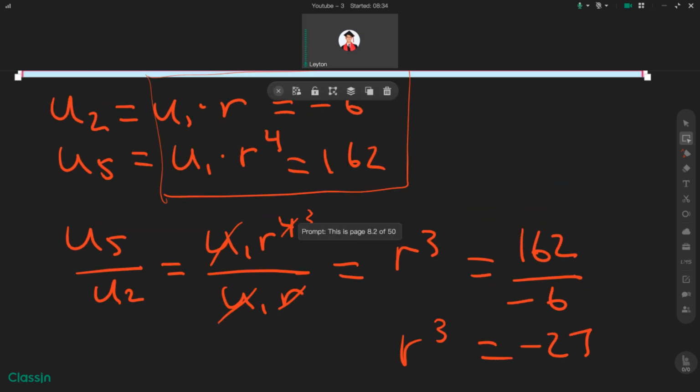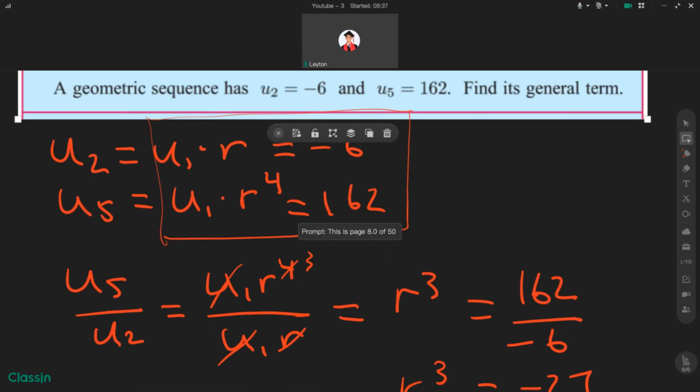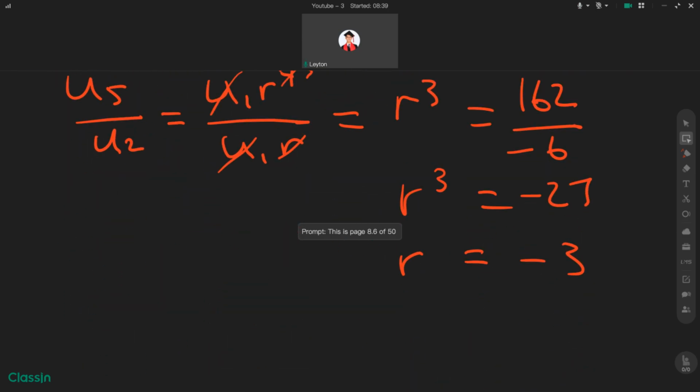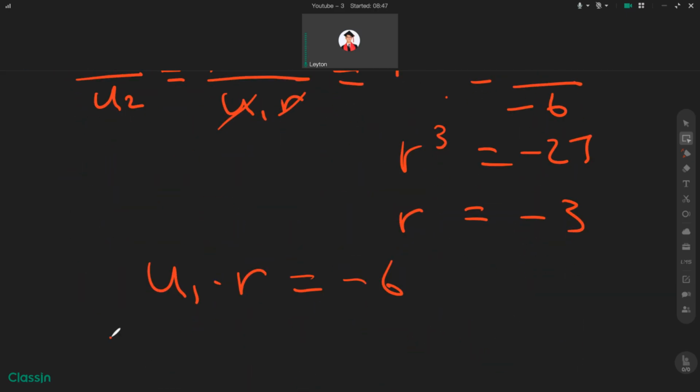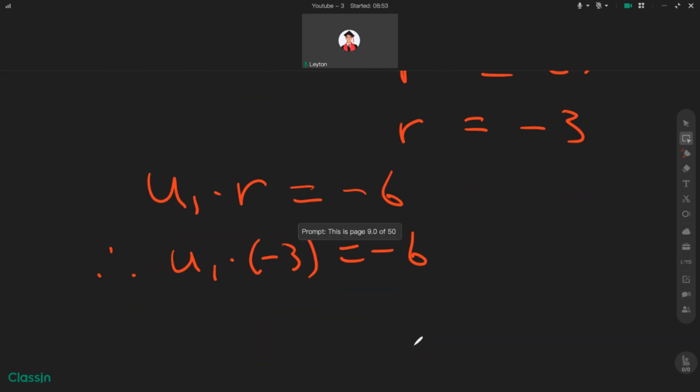Okay, and the first term we need to find. So U of 1 times R is U2. That was minus 6. So therefore, U of 1 times minus 3 is equal to minus 6. And U of 1 would equal to 2.